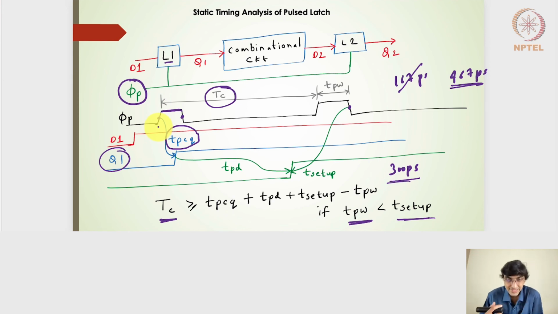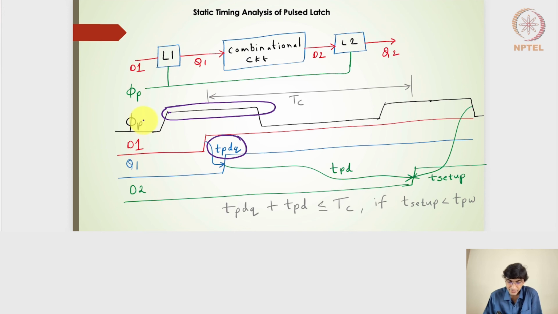Whichever is the later signal, whether the D signal or the clock signal, in this case the clock signal is the later one. So we will have Q1 going high the moment the clock goes high. Similarly, in this particular case, because the D is arriving late, I will get a Q1 signal with respect to the D signal. So now I have the propagation D to Q going high.